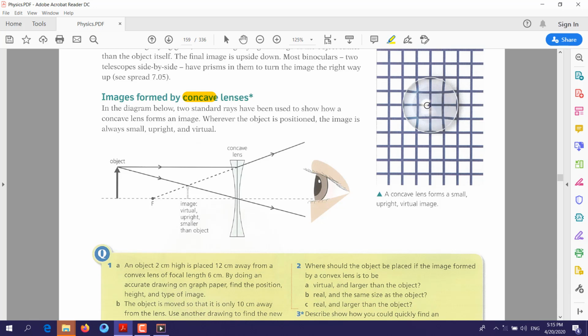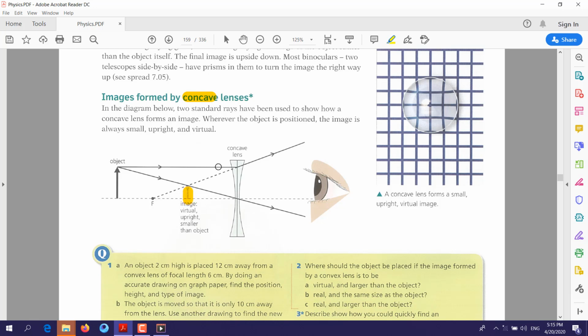Here, see what happened to the squares? The squares are now showing smaller in size. So this diagram shows a concave lens and an object. Okay, how is the image formed by a concave lens? Here it's the image that it forms.